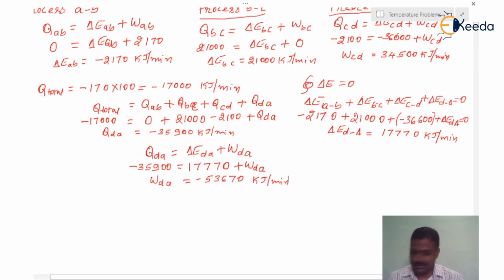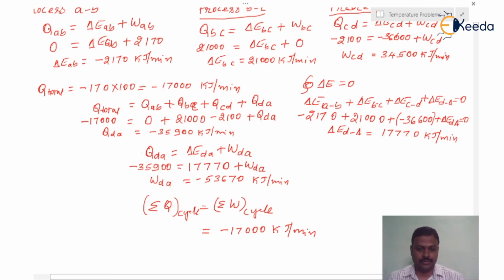Then we have for a cyclic process, sigma Q cycle equals sigma W cycle. So this will be minus 17,000 kilojoules per minute.